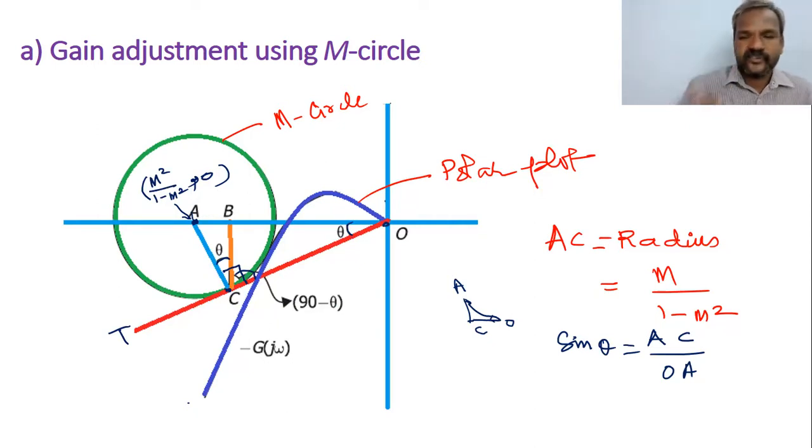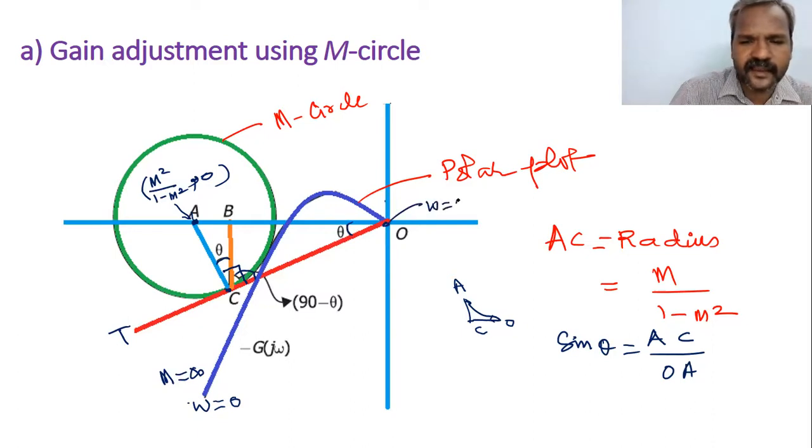So the procedure is first we have to draw the circle with the radius value. Then draw the polar plot. As usual, when omega is 0, the magnitude is infinity, and when omega is infinity, the magnitude is 0.